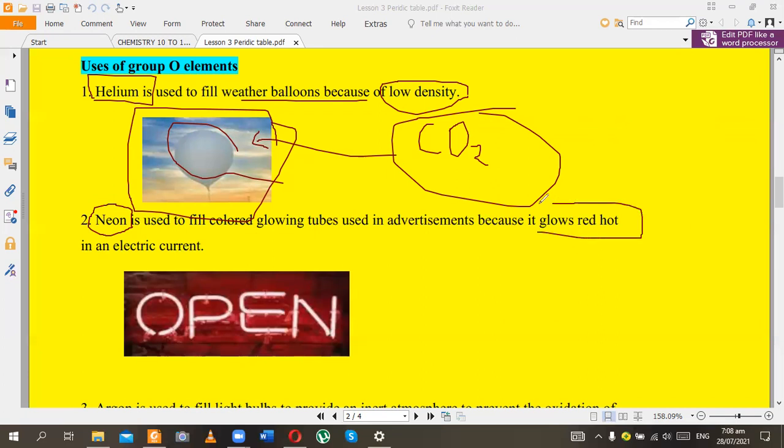It glows red hot when electric current passes through it. So we use neon in filling the advertising bulbs, because when the electric current passes through it, it glows red hot.